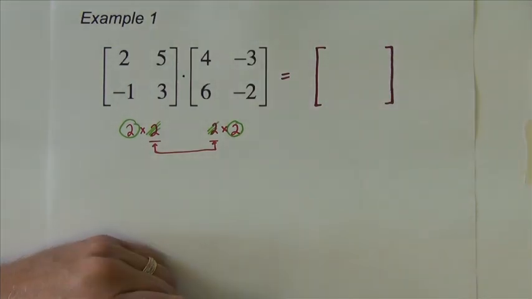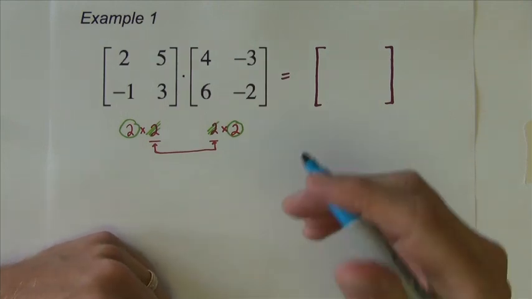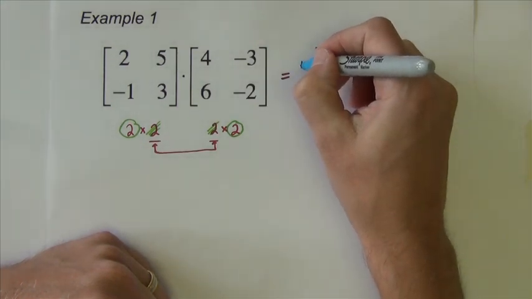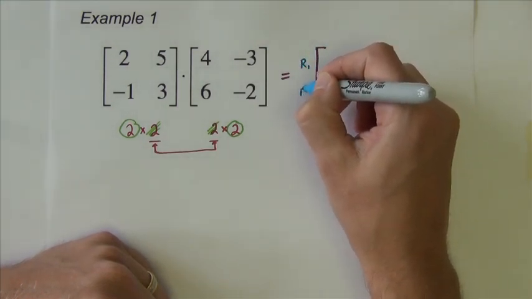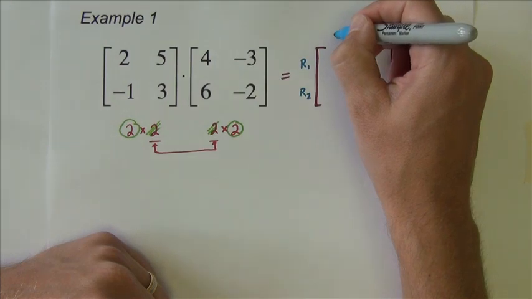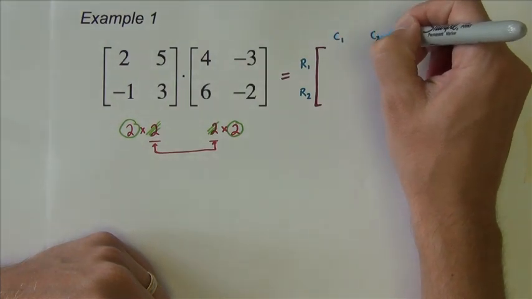For the purpose of this particular problem, maybe the first couple that we do, I'm going to add some extra annotations that I maybe wouldn't normally add, just to help us see where everything is coming from. I'm going to add here that this is where row 1 is, this is where row 2 is, this is where column 1, and this is where column 2 are.